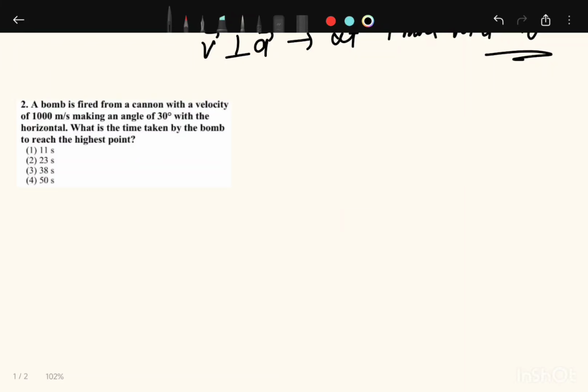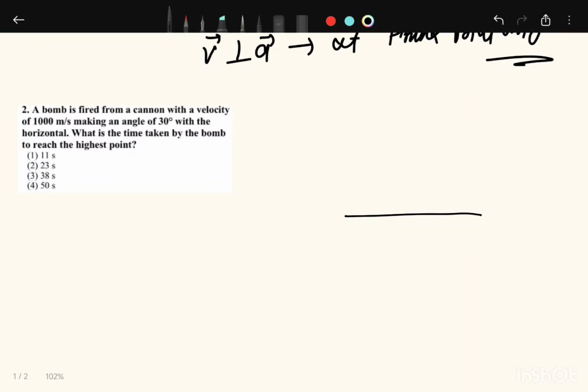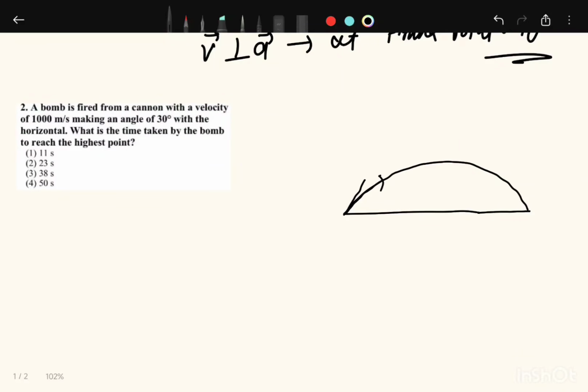So the situation is like this. The bomb is thrown with the velocity. Let's suppose this is the trajectory of your bomb, and this is the initial velocity, that is 1000 meters per second, and the angle it is making is 30 degrees.